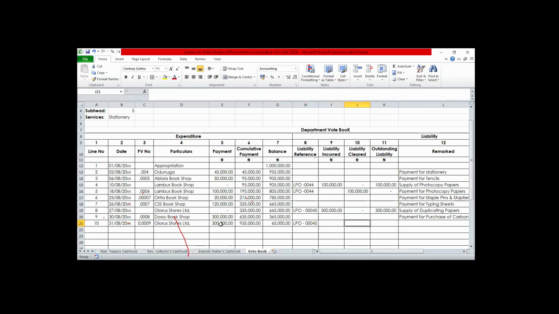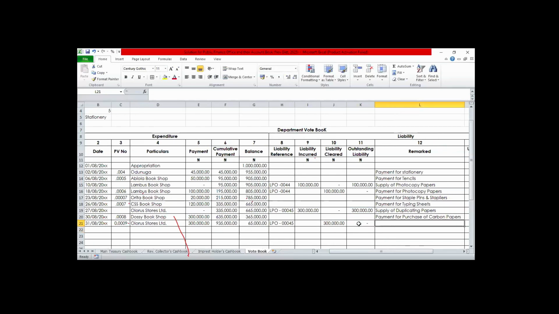We did not incur any liability, but we cleared liability of how much? 300,000. That 300,000 minus what we have here remains 0. Then this will be payment for what? Payments on account. What do we purchase? Duplicating papers. Payment for duplicating papers.